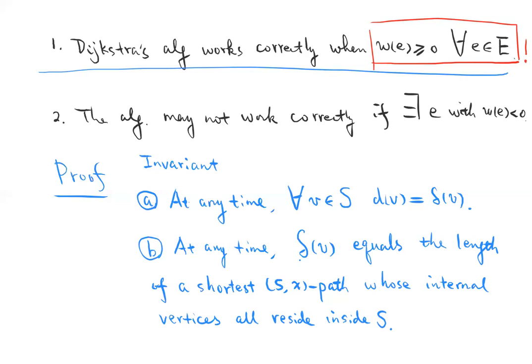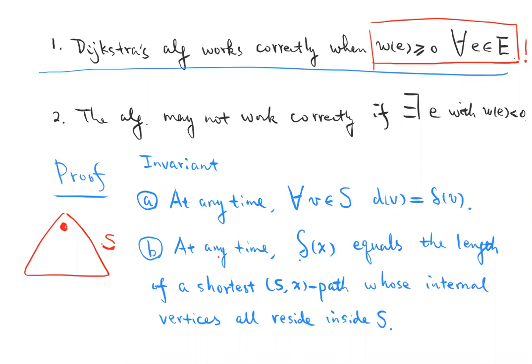Yeah, it's delta x, of course. All right, so what does that mean? We have a set of visited vertices. So that's S, a big S. And that's the source, all right.